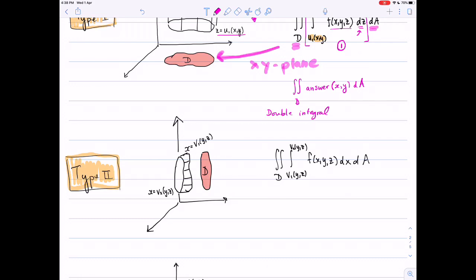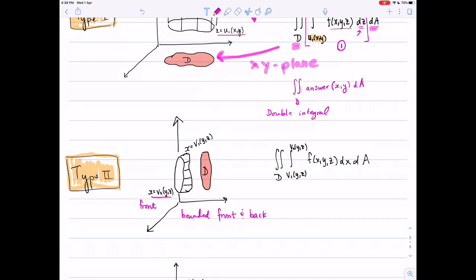What I care about is that you recognize the properties of each of them. And a type 2, the way I've numbered them here, is bounded not above and below, but front and back. So it's got an easy front boundary. Here's our front boundary, x is v2.